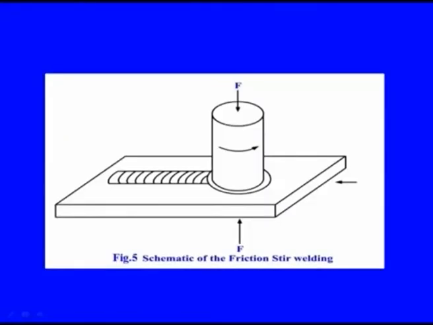So, this is the plate, and this is a tool which will be kept on rotating, and the area which it touches will get heated up and softened. Now, instead of one plate, if we keep two plates here, both the plates will get softened, heated up, and then finally they will be joined. So, this is a very basic schematic of the process.